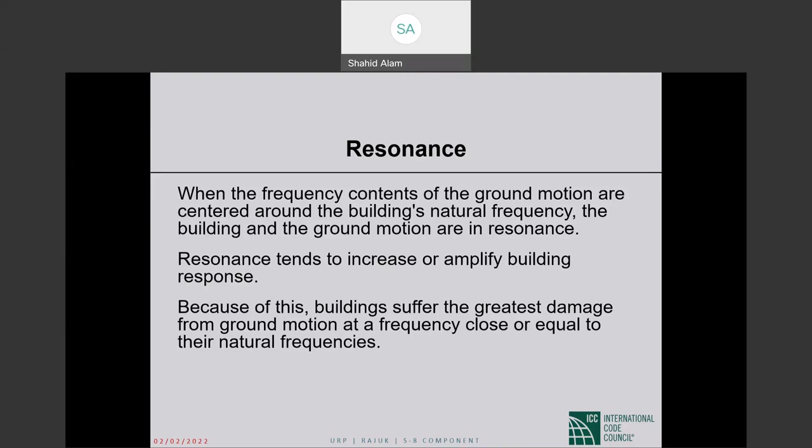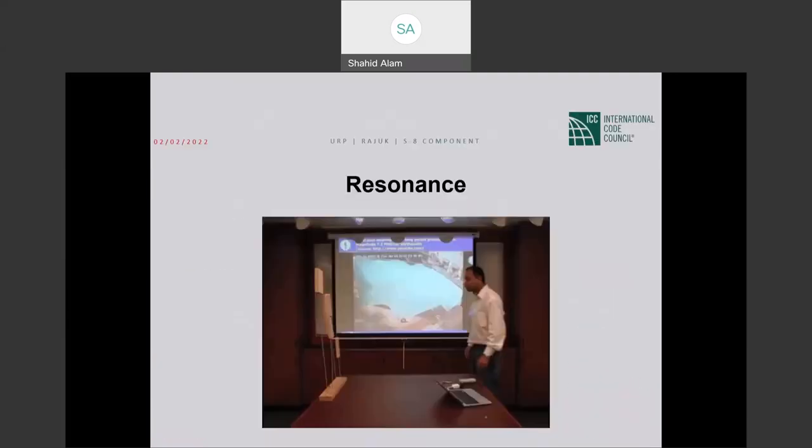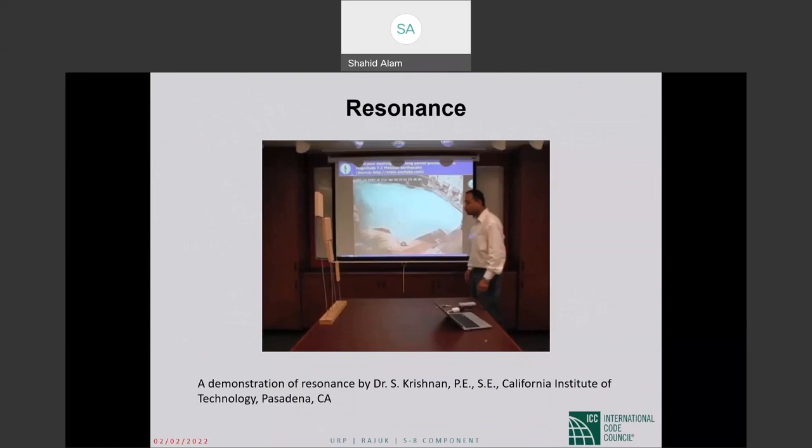This is why we are kind of concerned about it. Because of this, buildings suffer the greatest damage from ground motion at a frequency close or equal to their natural frequencies. Okay, this is something we absolutely must understand.